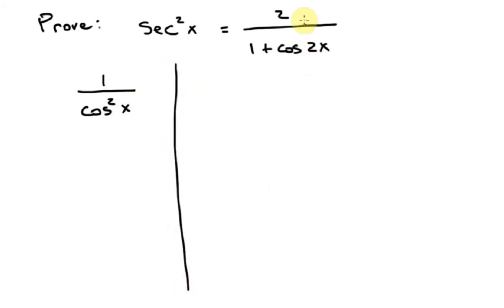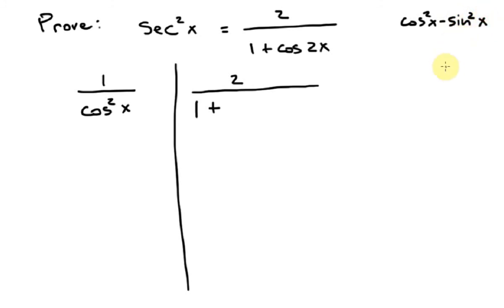So the real work is what can we do on the right? So there's the top. There's the bottom. Now, here I'm going to do a substitution. I'm going to switch out cos 2x. But the question is, which one do I use? Do I use this version of cos squared minus sine squared?